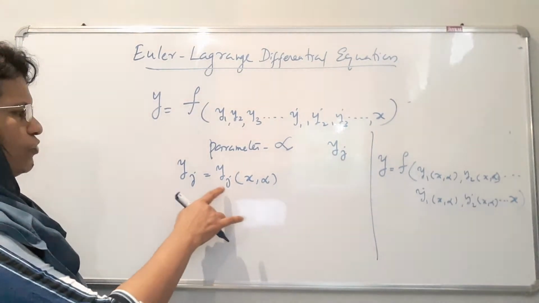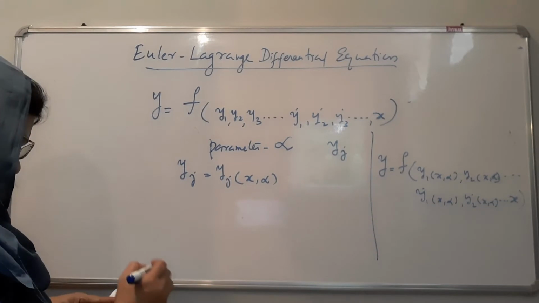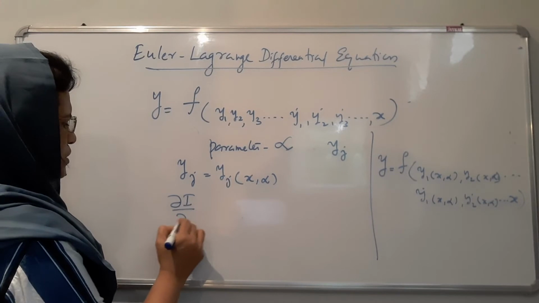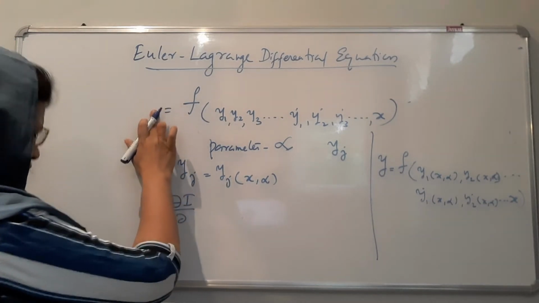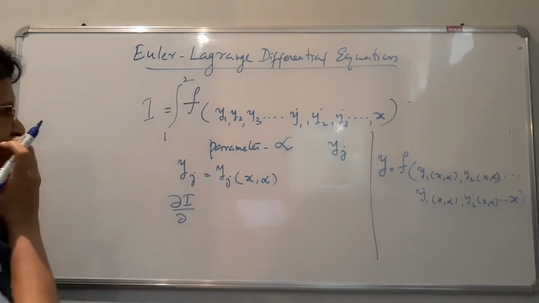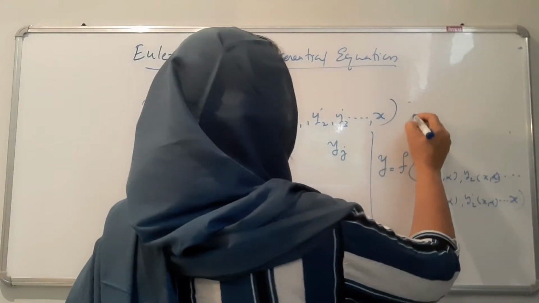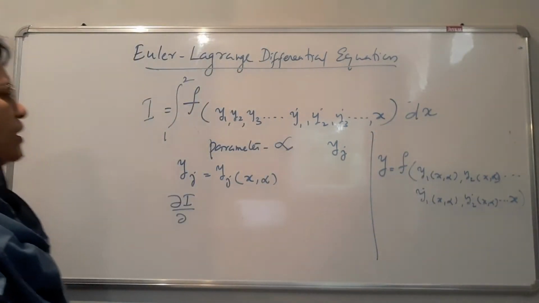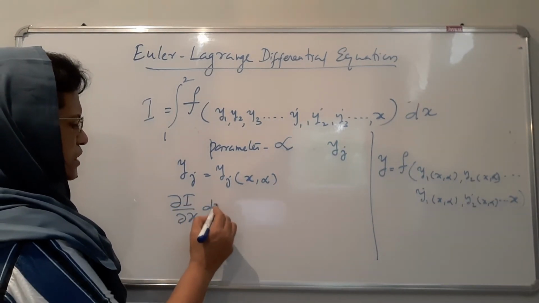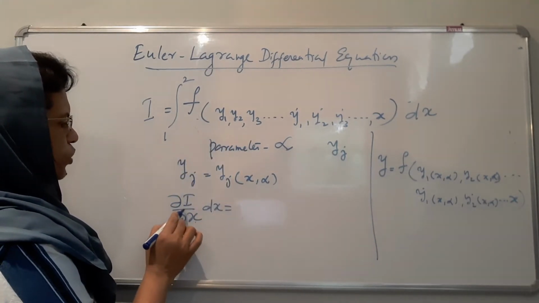That is yj is equal to yj of x comma alpha, y1 is equal to y1 of x comma alpha, etc. So the total integral can be represented as the integral from 1 to 2 of f of y, y dot, x into dx. Therefore, we can write dou I by dou alpha as the integral of dou f by dou alpha into dx.